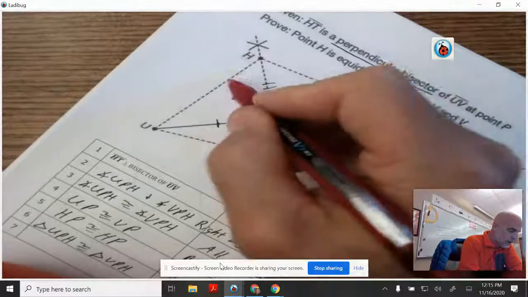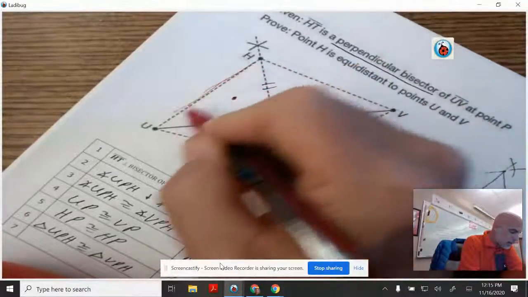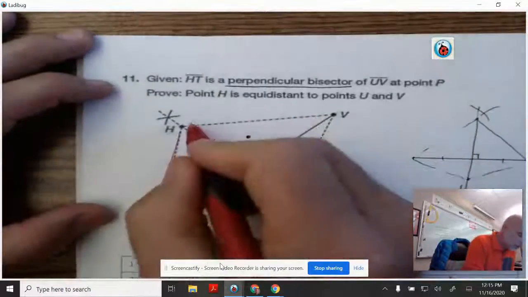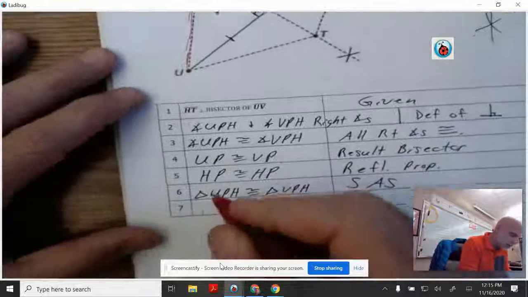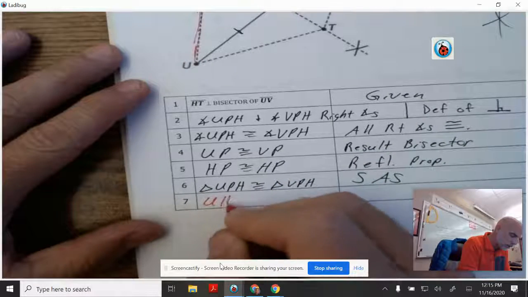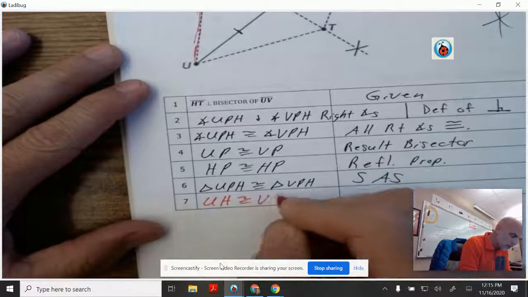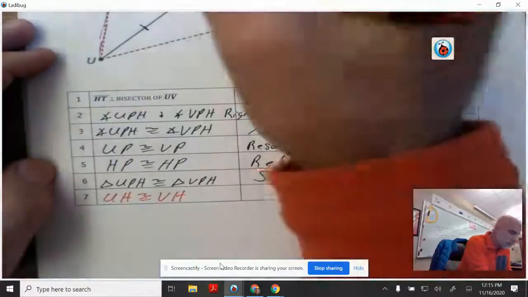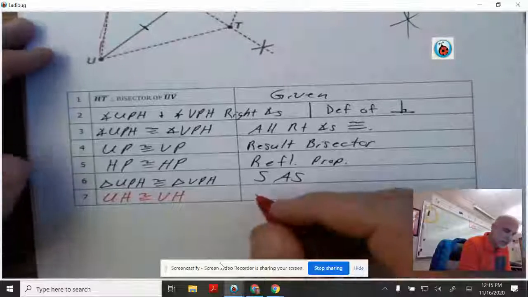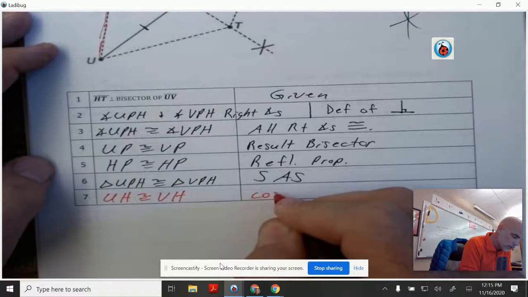I should be able to now say that UH must be congruent to VH. And the reason is, and I'm going to say it right here, UH is congruent to VH because these are corresponding parts. Let's just write out this sentence right here.